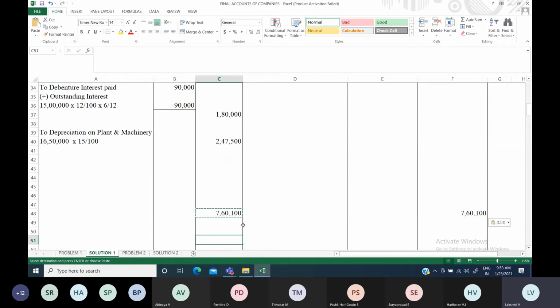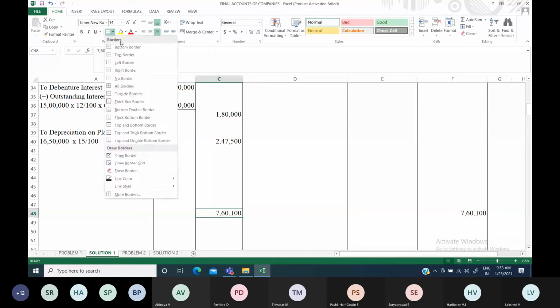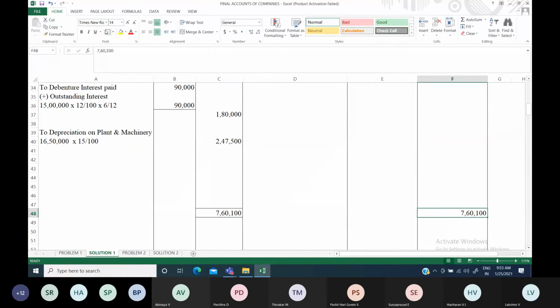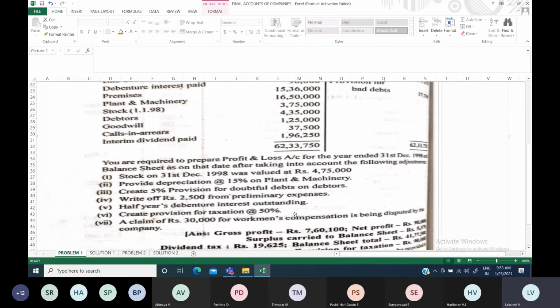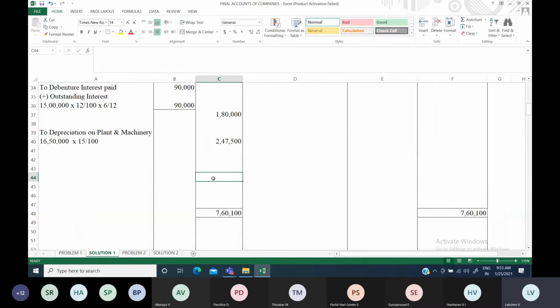This thing you have to put under lines. Now why am I doing this? We have to calculate the income tax. If the income tax amount is given to you, straight away you can mention that amount, that 30,000 or 20,000, whatever it is. Whenever a percentage is given to you, you calculate roughly the net profit, how much you are getting, and from that profit amount only that percentage has to be calculated.